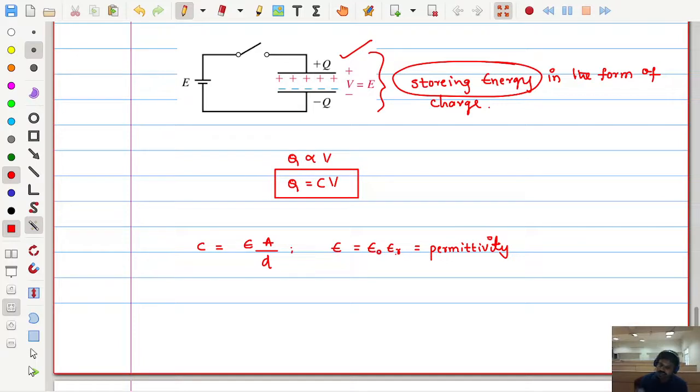Whereas in an inductor, it is permeability. Try to differentiate these two terms. Clear? And A is the area of cross section of the plate, and d is the distance between the plates.